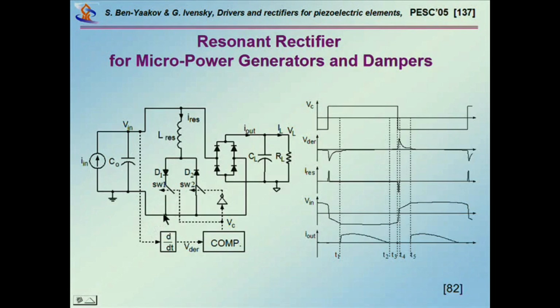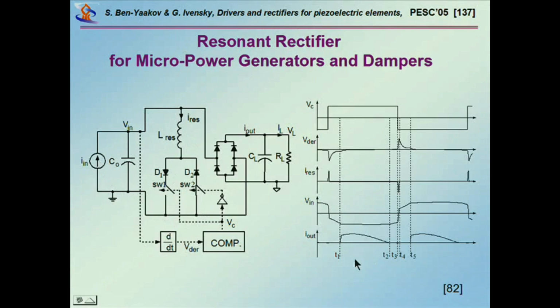Rather, we have an auxiliary resonant circuit that, when the time comes, and I'll talk about it, will cause the voltage across the capacitor to resonate with this inductor, and this will flip the voltage by itself without the need for this current to come from here. Okay? So this is a sort of self-sustaining thing. Obviously, there are some losses that you have to overcome, but in principle, you don't need this input current coming from the piezoelectric generator to change the frequency.